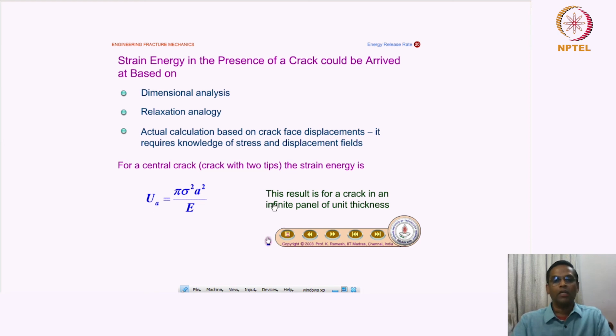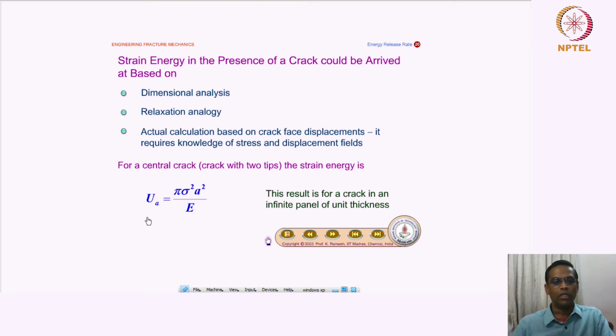This result is for a crack in an infinite panel of unit thickness. So this is also important. Right now we assume that all this strain energy calculation is for unit thickness. Otherwise, another term will come into this expression.